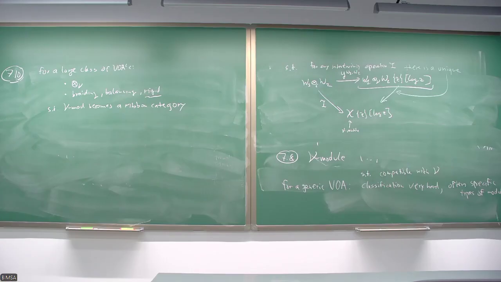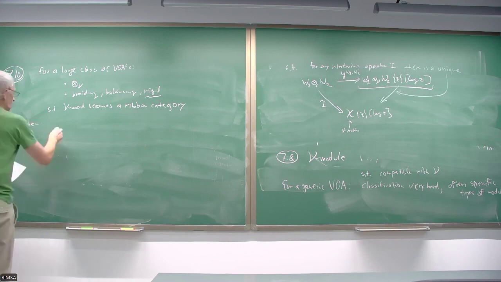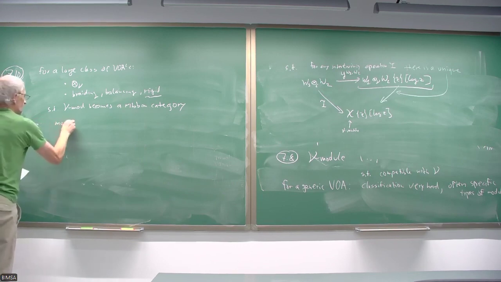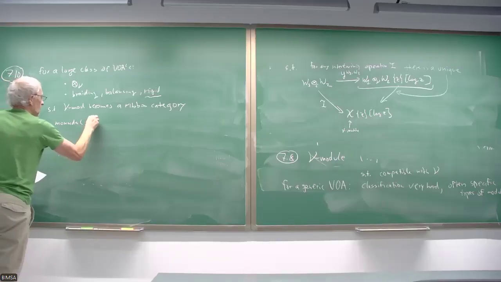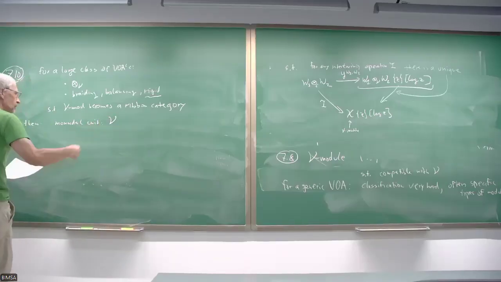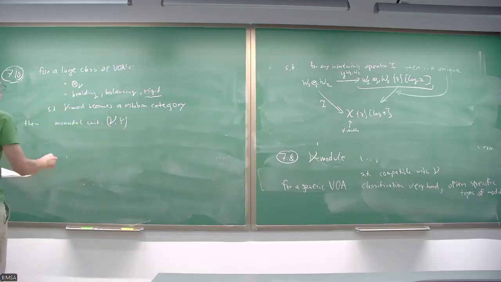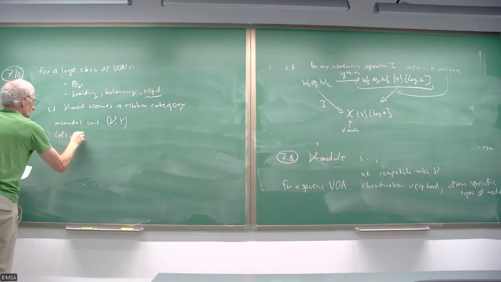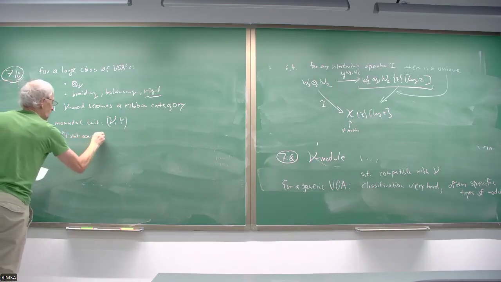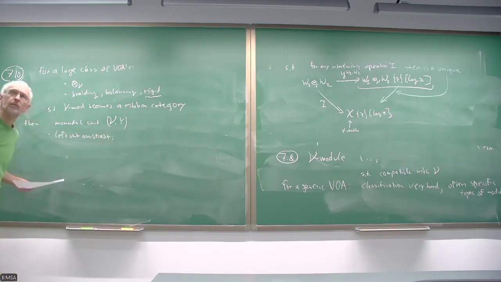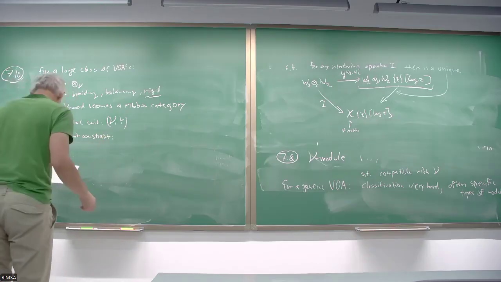And in those cases, for example, I already said the monoidal unit is the vertex algebra itself, together with the field map. Then, for example, the left unit constraint we describe as follows.